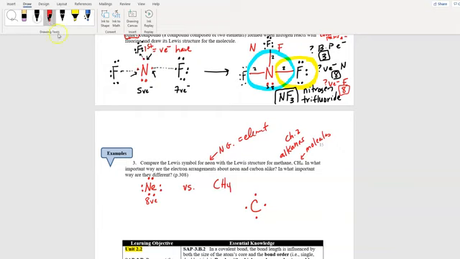Well, I got 4 hydrogens coming in. And every hydrogen has 1 valence electron. So that means I have these 4 available spots to put a hydrogen, and then I can create 4 bonds. Just like that.